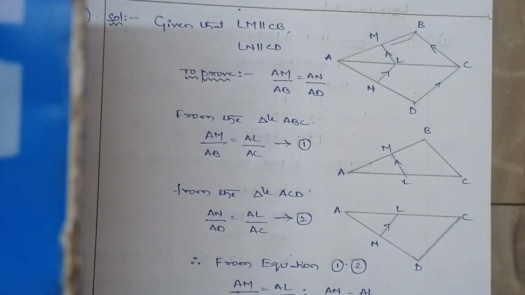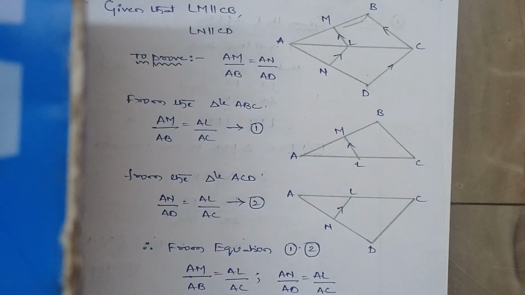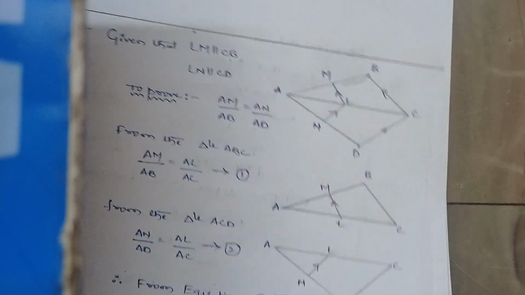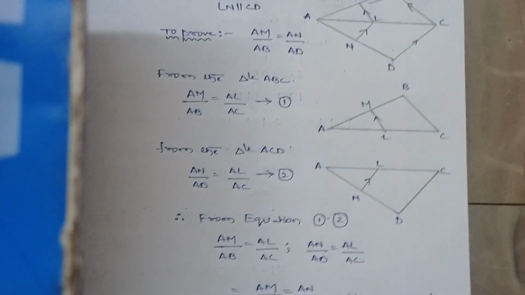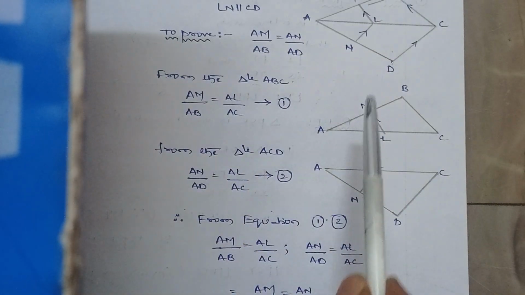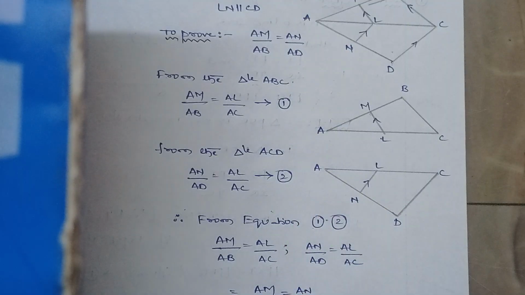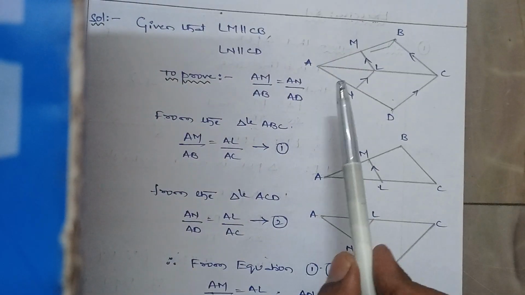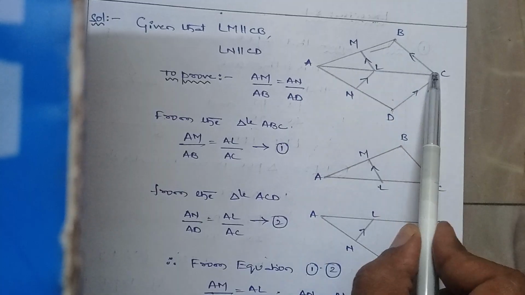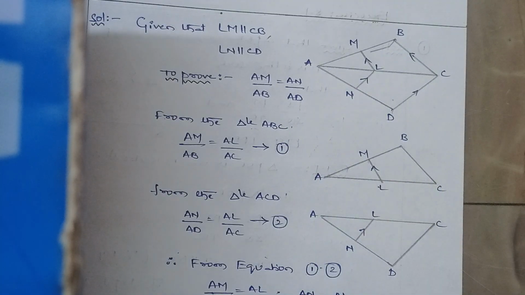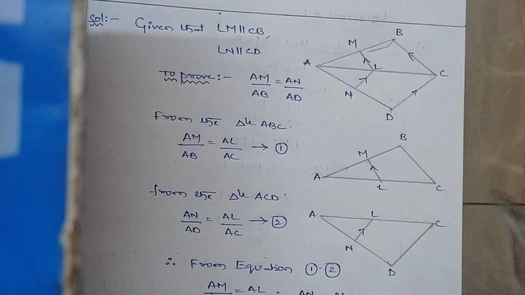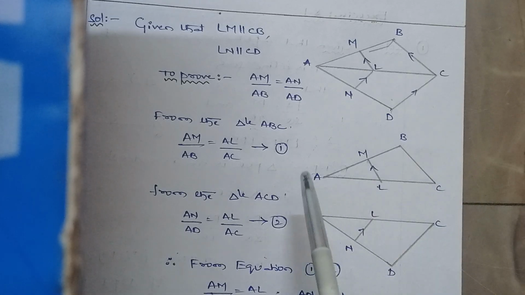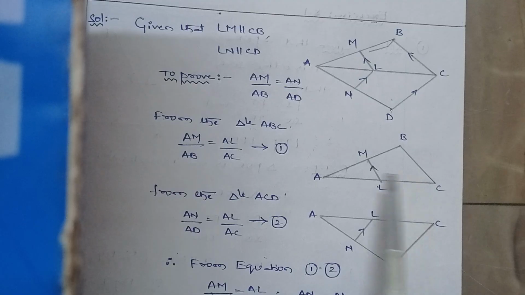Now consider the triangle ABC, students. Draw that figure separately for your understanding. In the exam there is no need of drawing separately; for your understanding, I draw it separately. From the triangle ABC, ML is parallel to BC.